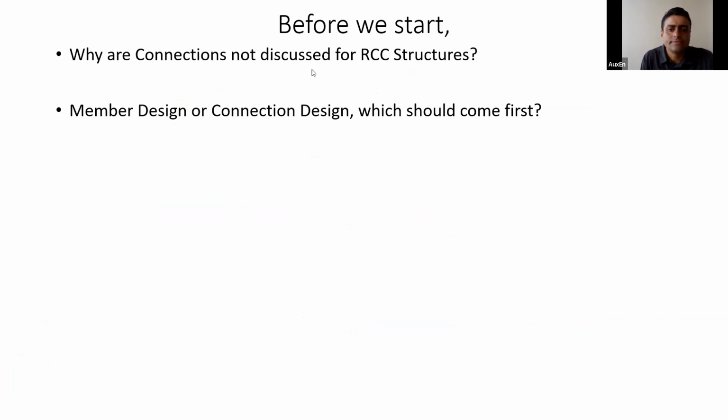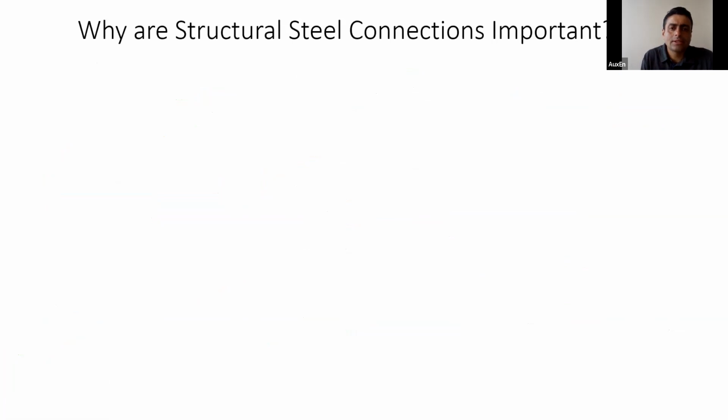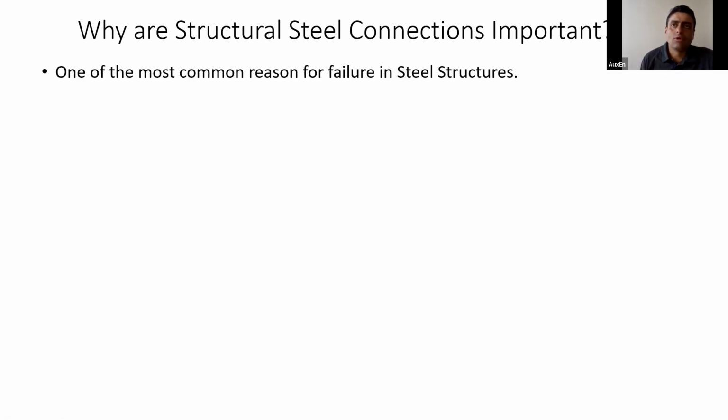Moving ahead. Why are structural steel connections important? Why are we doing an entire course on just structural steel connections? So let us discuss why structural steel connections become important. If you look at the failures in structural steel, people have studied this in several studies, it has come out.